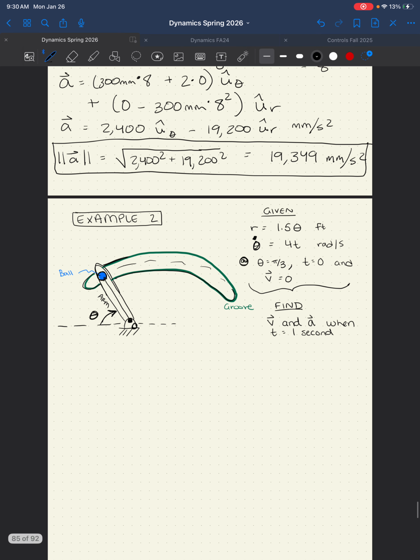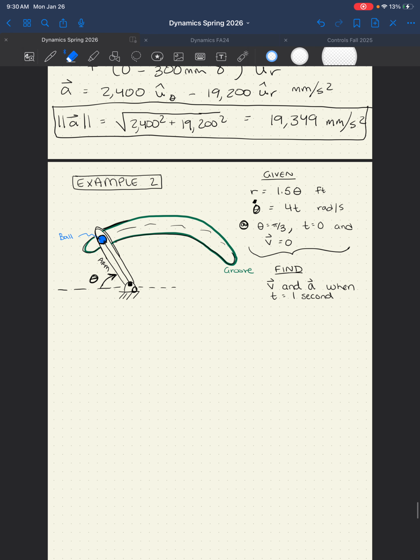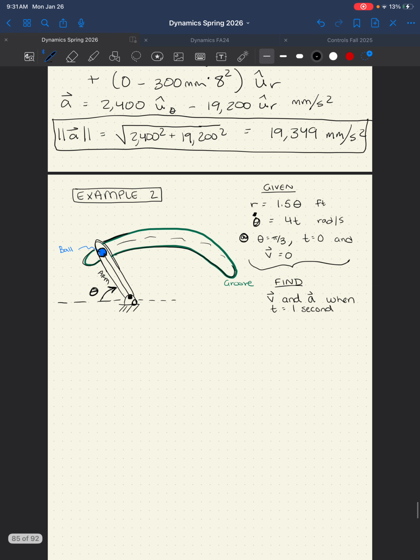All right, example 2. Example 2 is going to be a little bit harder. There's some little tricks that we have to work through to get this one. So let's first start out by understanding this picture, because I don't know that I drew it very well.